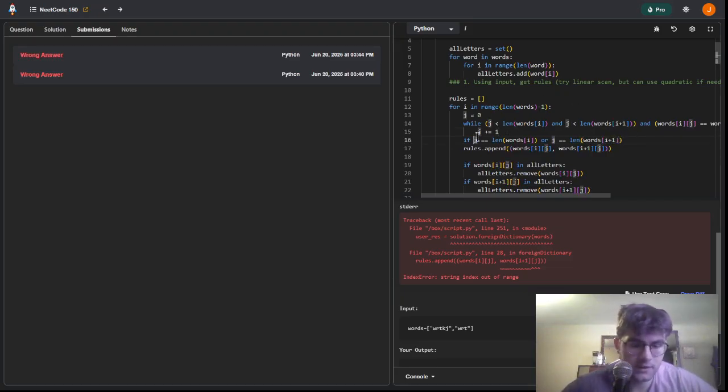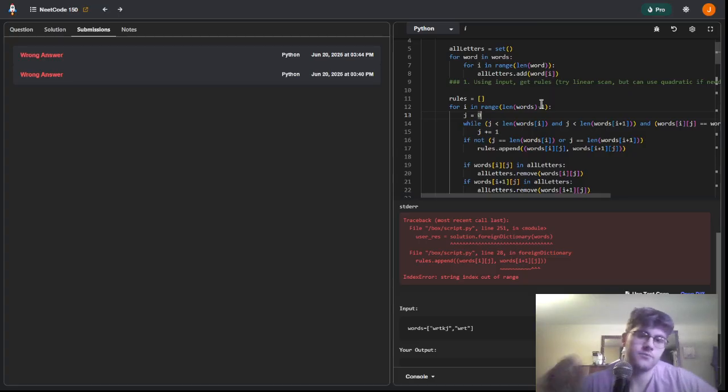So if it equals either of them, then we don't want to do this. If it equals this or it equals this, then this will be true.